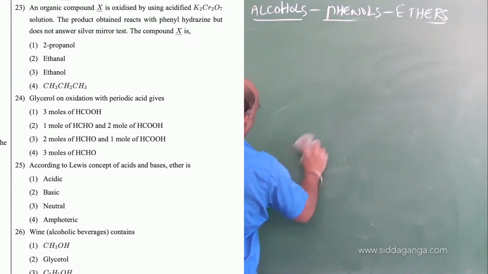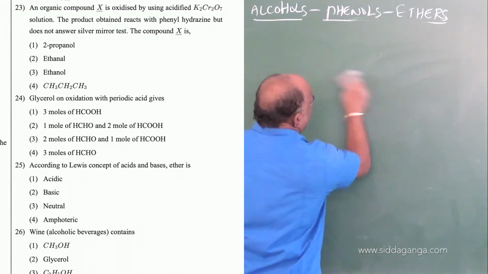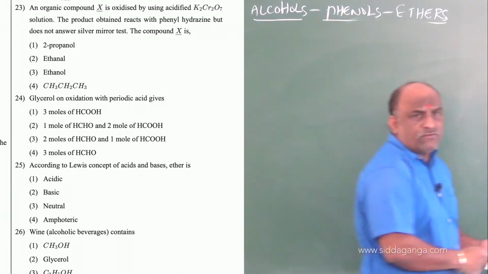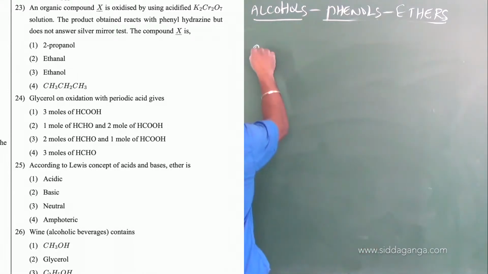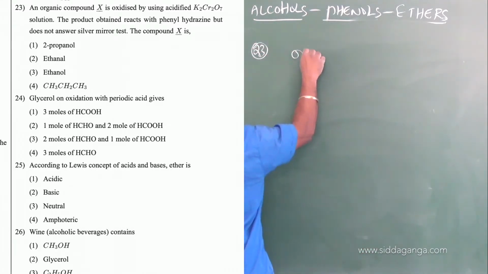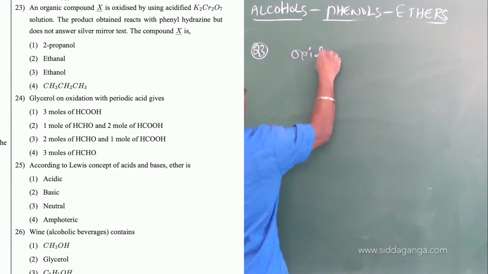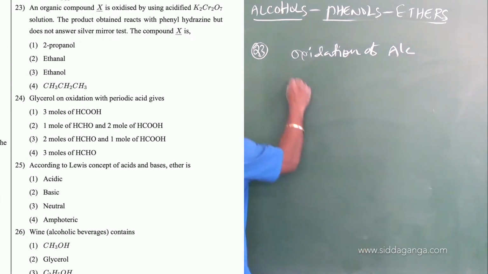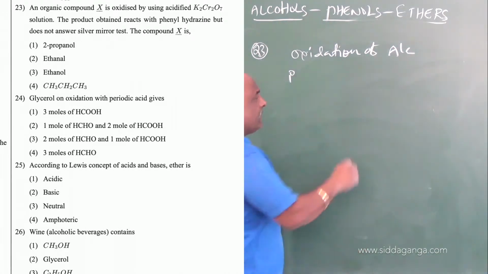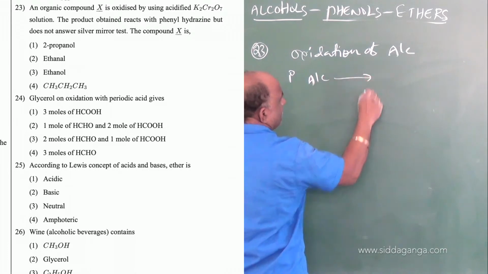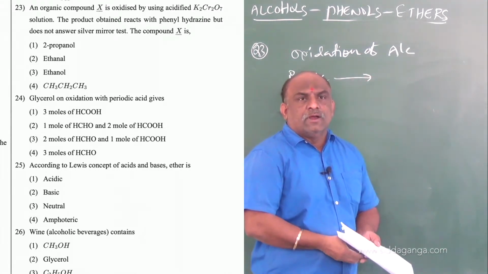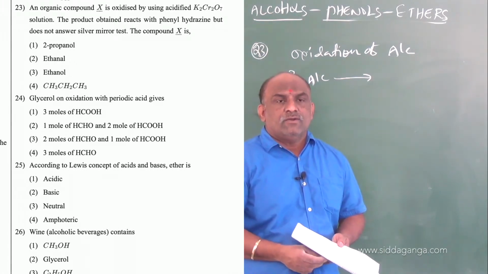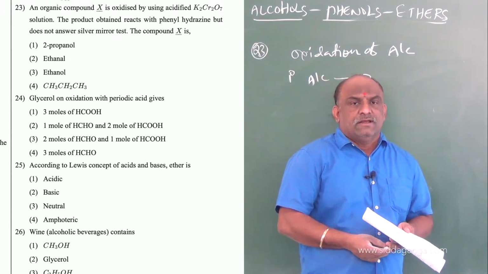Once you observe the 4 examples, according to the 4 examples we have to find the answer, because of the oxidation of alcohols in question number 23. Primary alcohols will be there, secondary alcohols will be there. So here we have to find which type of alcohol it is.